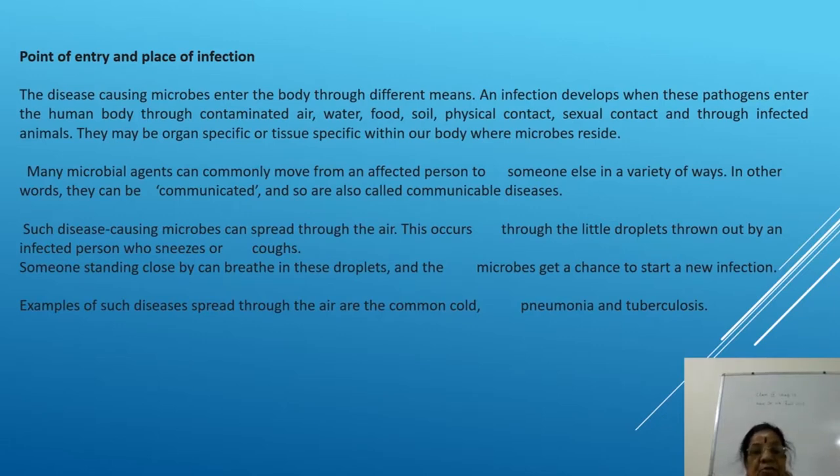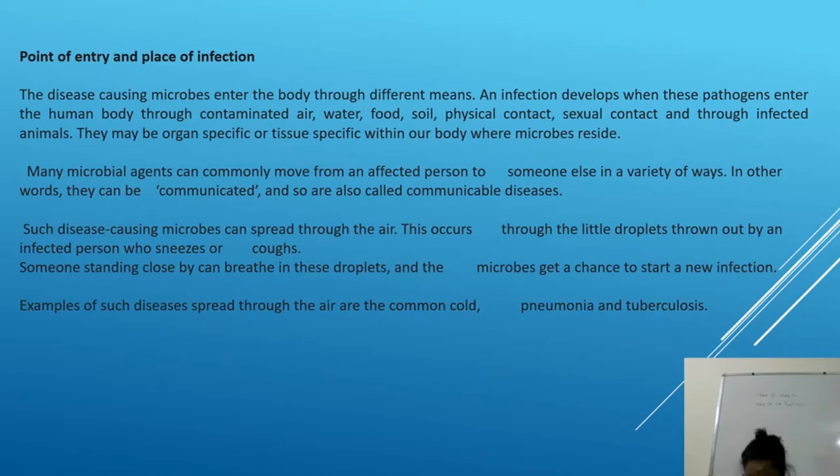Someone standing close by can breathe in these droplets and microbes get a chance to start a new infection. Examples of diseases spread through the air are common cold, pneumonia, and tuberculosis. Okay, so this is point of entry. I hope you are able to follow this.